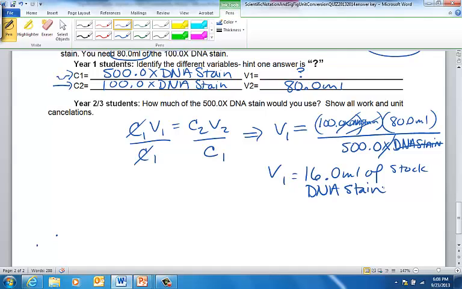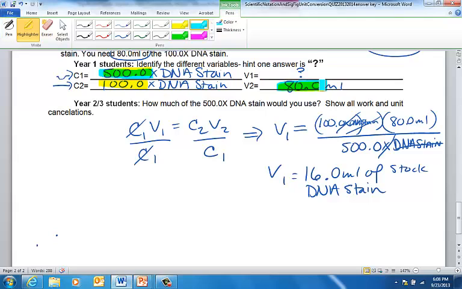Stock is the original or starting DNA stain. Now, why did I put the 0.0? Well, we had 4 significant figures, 4 significant figures, and 3 significant figures. Oh, wait, actually only 2 of those exist in a reality that matters. This one right here, 500X, 500.0, that actually exists as a solution. 80 milliliters, that actually is based on the limitation of our graduated cylinders.